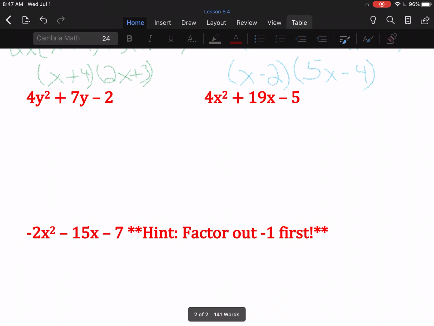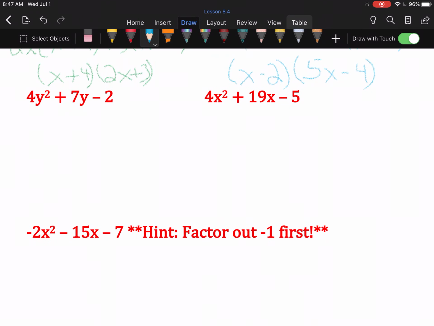Okay. Up next, A is 4, B is 7, C is negative 2, and that would make AC negative 8. So we need two numbers that multiply to make negative 8 and add to make 7.